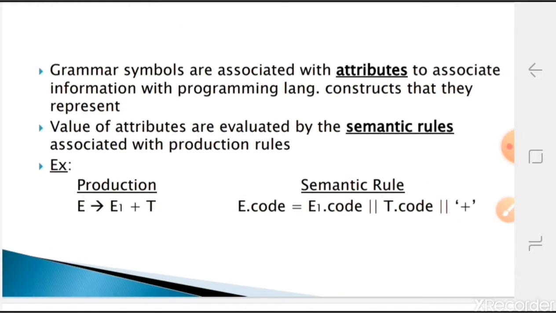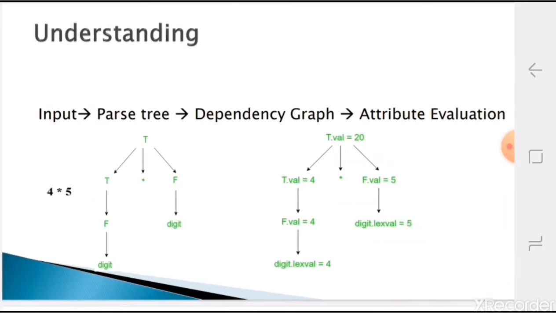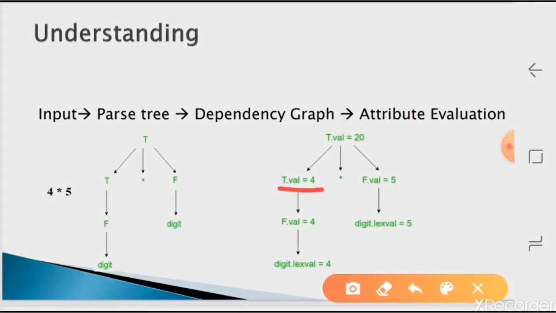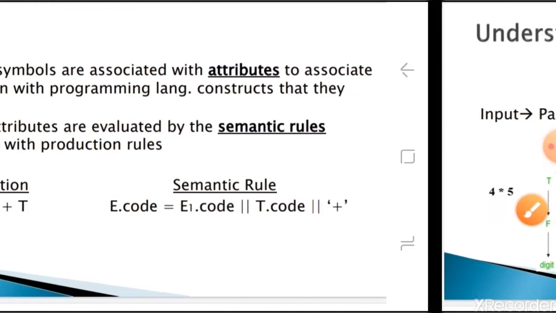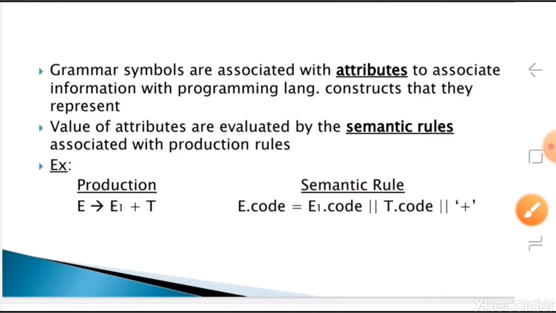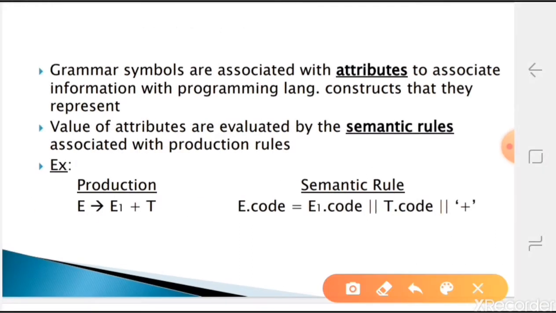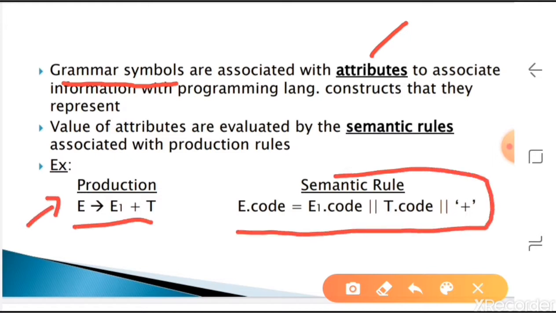Whatever we are saying is this property, we are calling it an attribute. How will attributes be there, and what all things can it have? An attribute is first of all a property for each grammar symbol. So a grammar symbol will have some properties. Whenever we write a production in a grammar, each production has some rule.